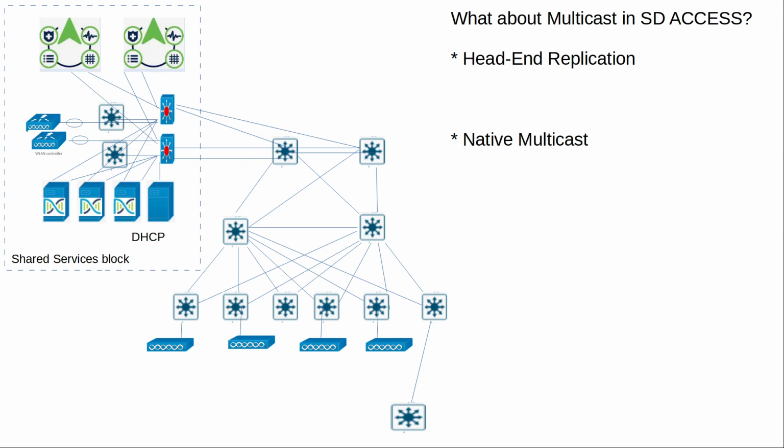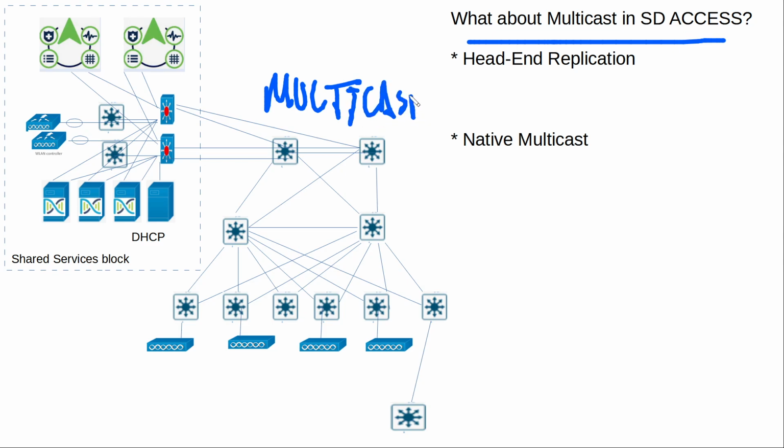Next question. What about multicast in SGA? This is a huge topic. Let's try to summarize it. We have two options for enabling multicast within the SDA. In an SDA network, we have a technology that is known as head-end replication, and we can also have native multicast. Head-end replication is an overlay solution.